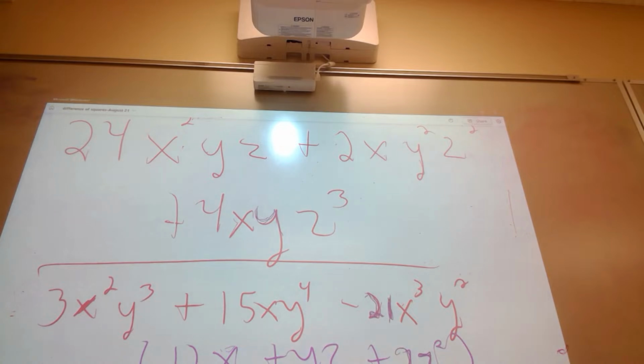Okay? Let's see you do this one. 3x squared y cubed plus 15xy to the fourth minus 21x cubed y squared.